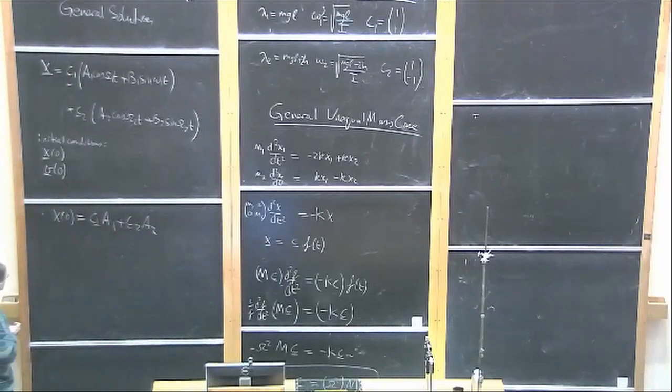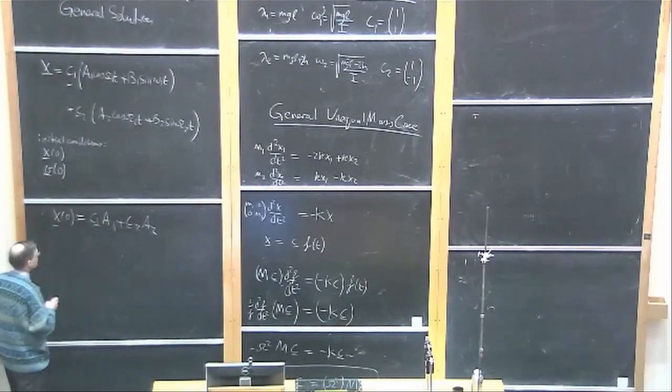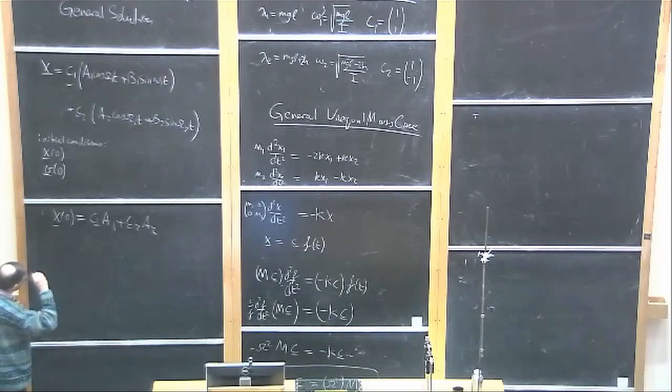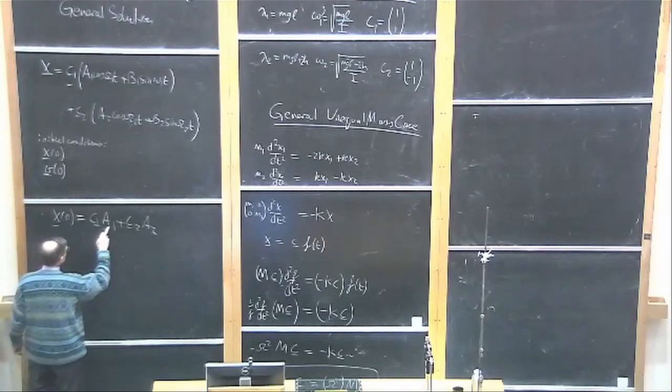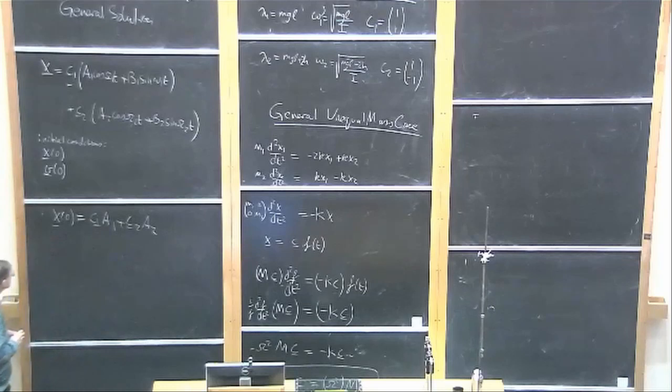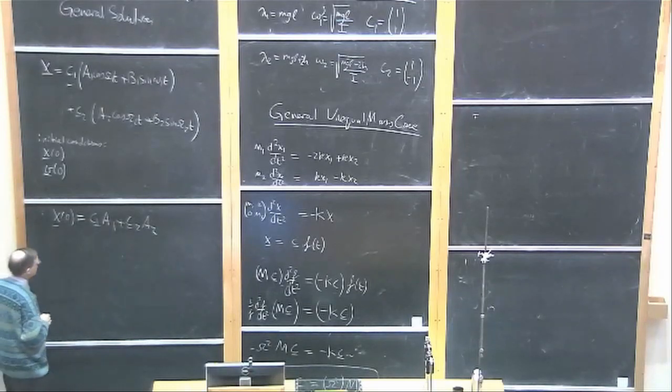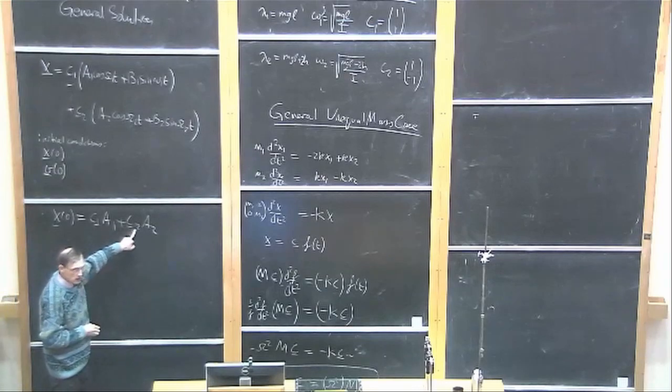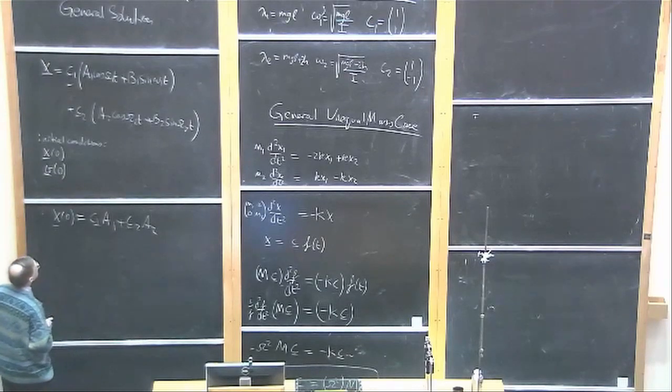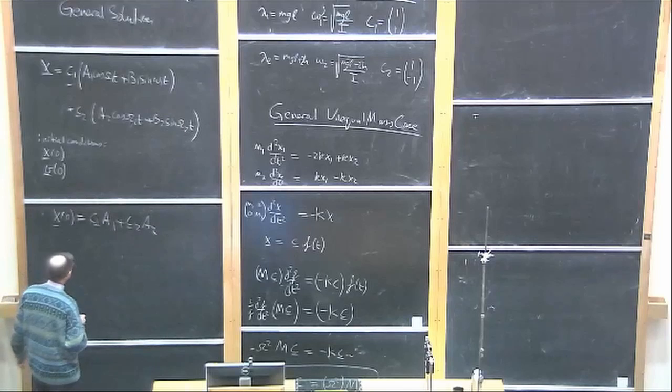How do I use the orthogonality? So in order to isolate, for example, the term C1, I have to multiply by a vector that's orthogonal to C2, and we know that in order to do that we'll need C2 transpose m.